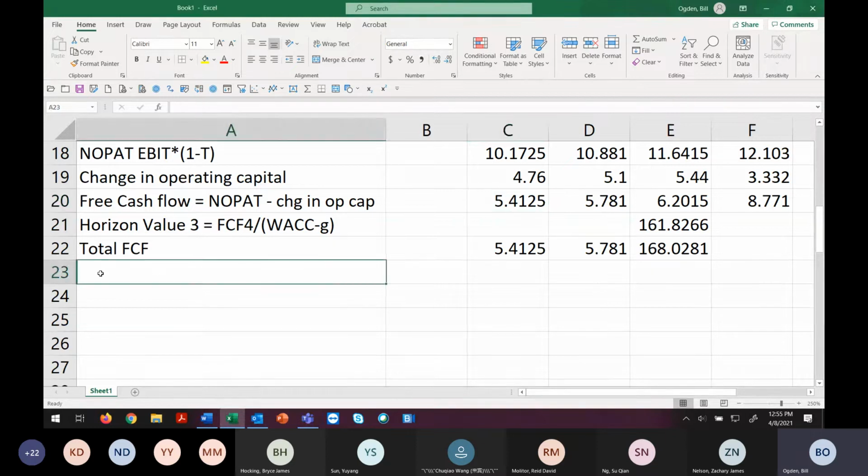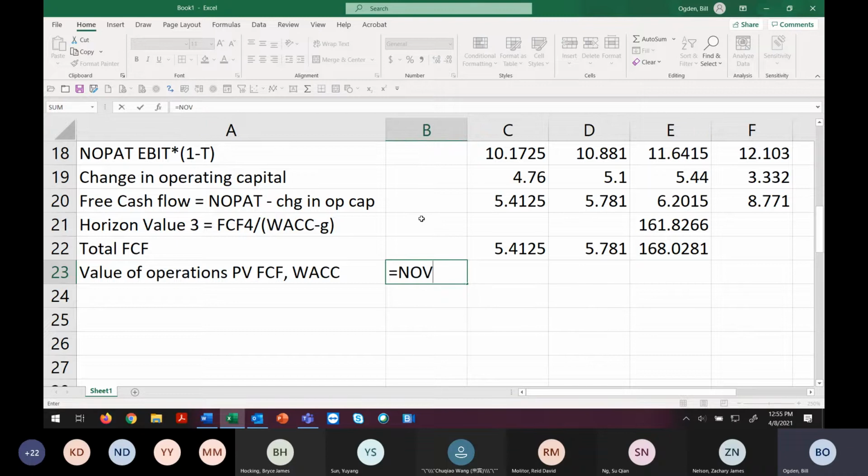All right, then we're going to value the operations of the company. That is the present value of the free cash flows at the WACC. So let's do that.